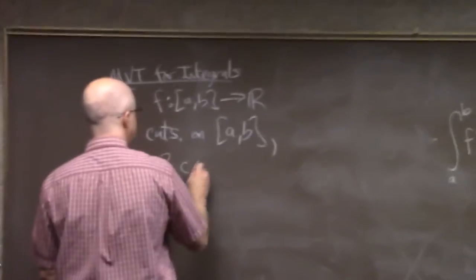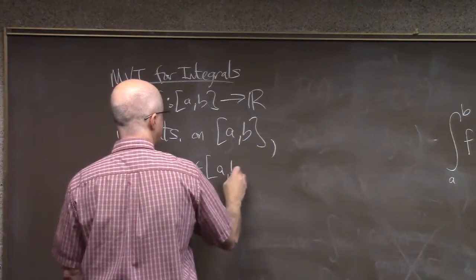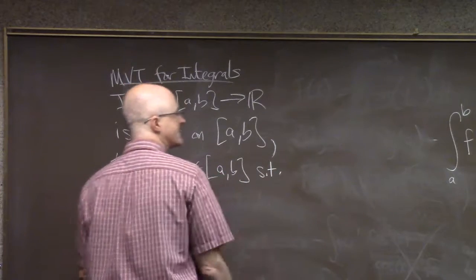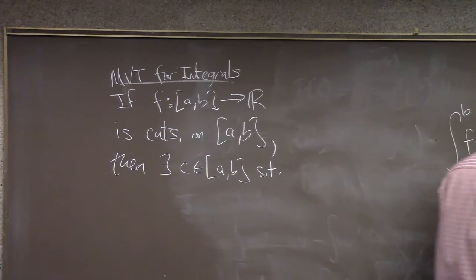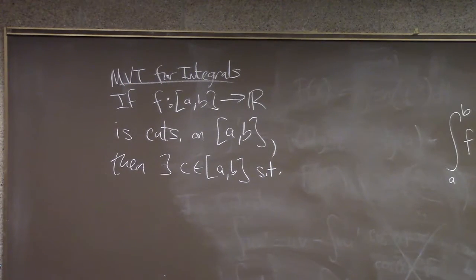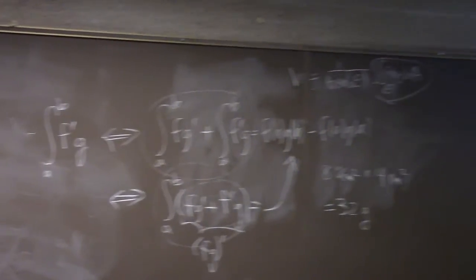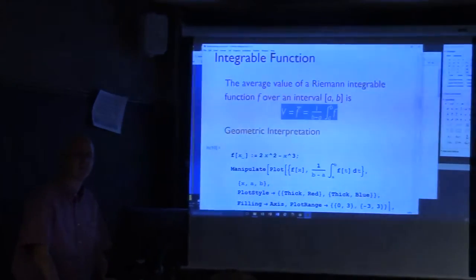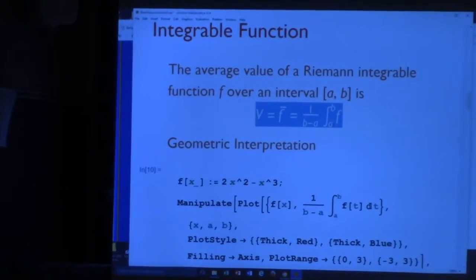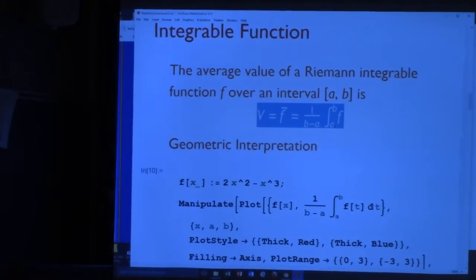There exists a c between a and b such that in the equation for the average value, you can replace the V with f of c. There is a c where f of c equals the average value.